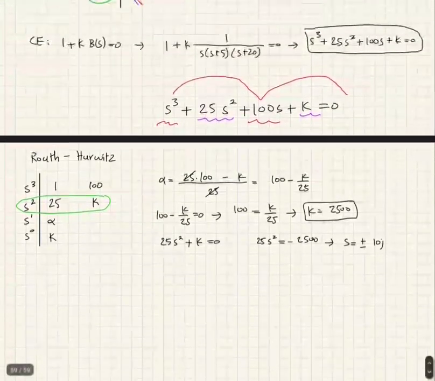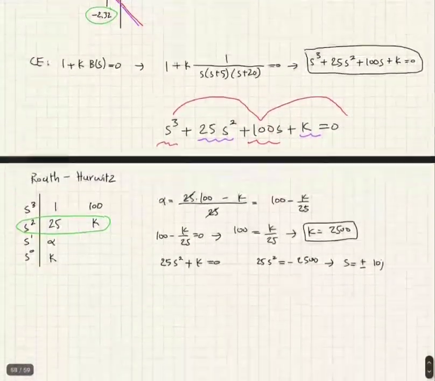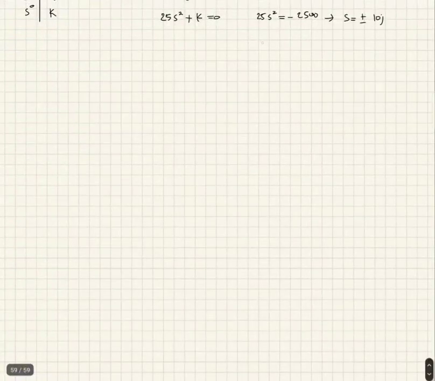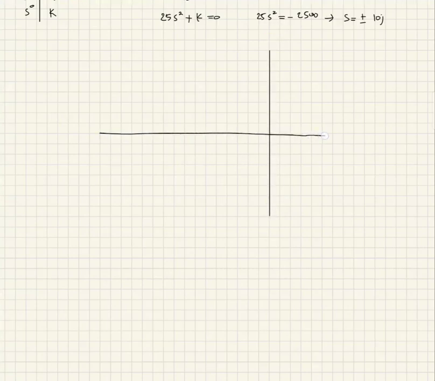Like we said earlier. So now let's draw the actual root locus. We draw the axes first, sigma the real axis, and jw the imaginary axis.